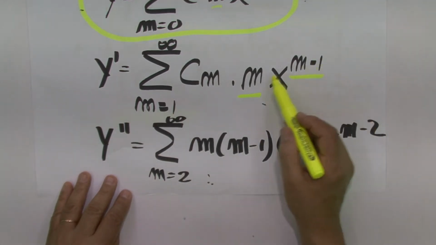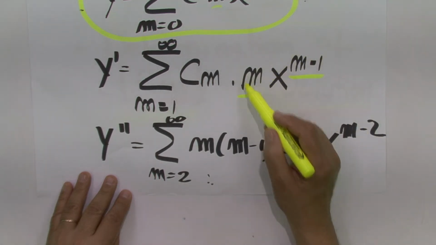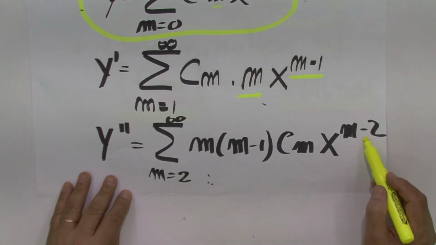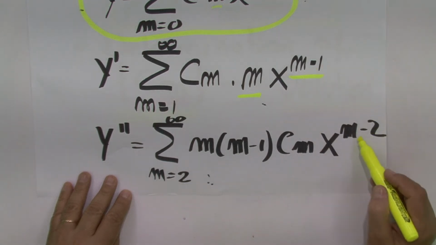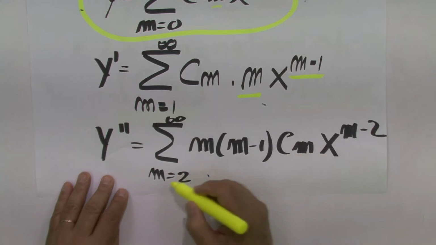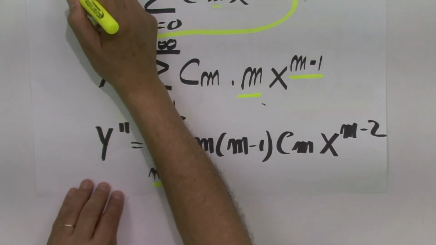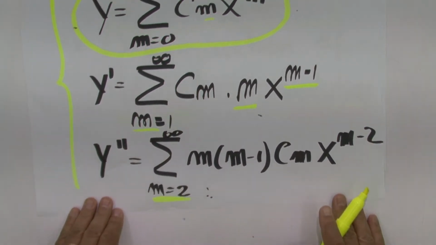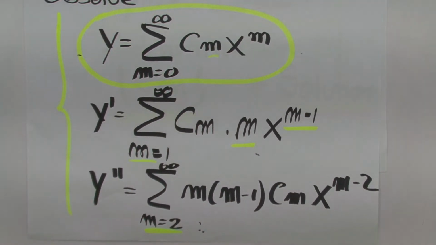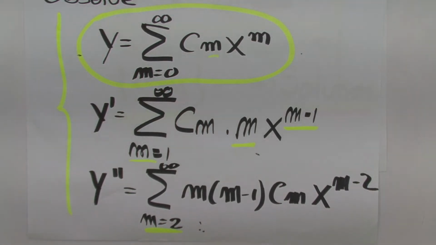When I take the derivative, this exponent comes down, and I subtract another one from m minus 1. That will give me m minus 2. And the series starts now at 2. This one starts at 1, and so on. So you see, I have a whole expression of series that represents the derivatives.